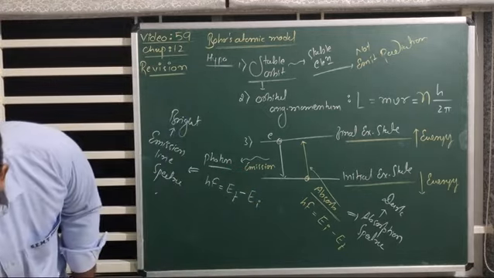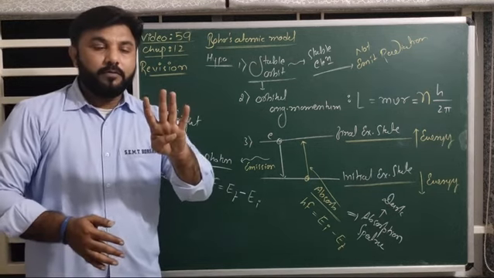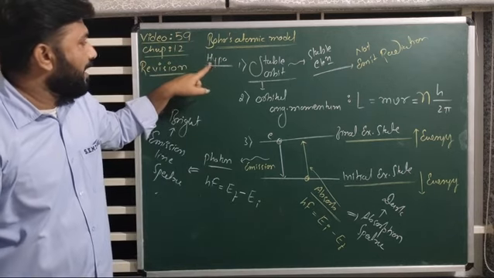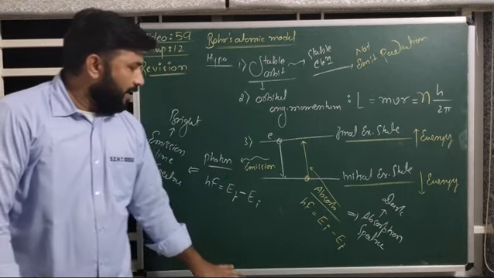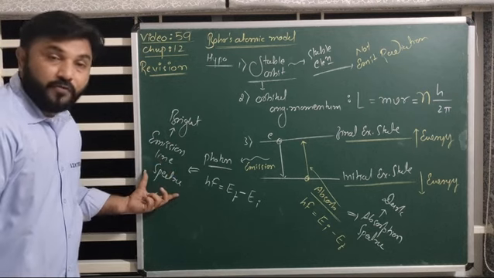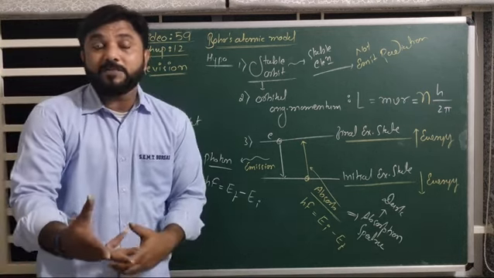So here we have seen almost 4 things. First, Bohr's atomic model, its hypothesis 1, 2 and 3. In the third, we have taken 2 more things, that is emission line spectra. Why is there emission line spectra?